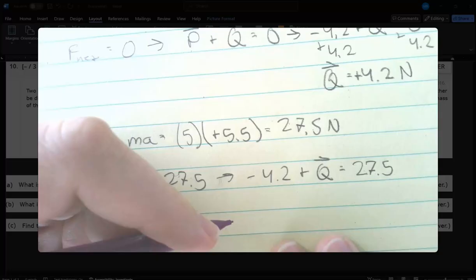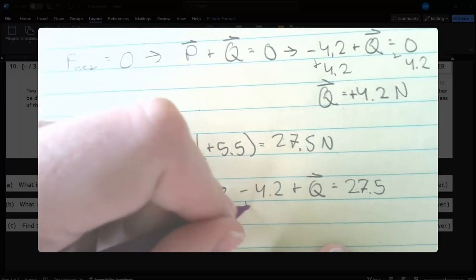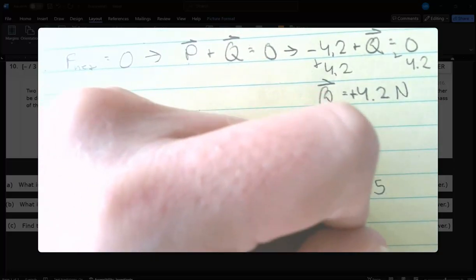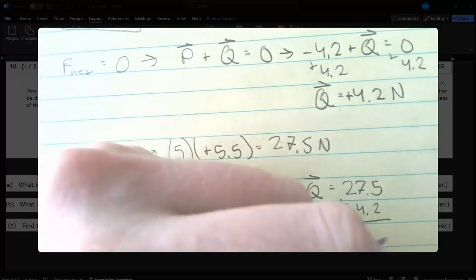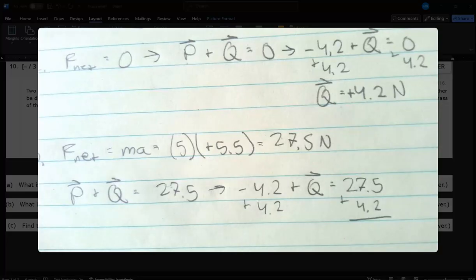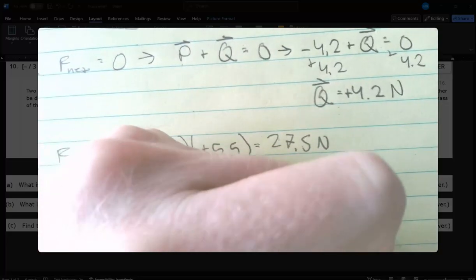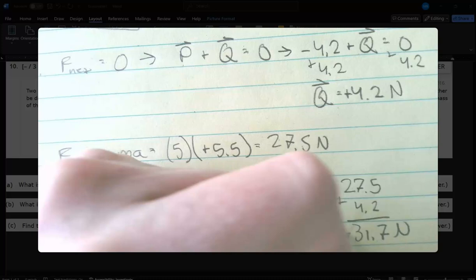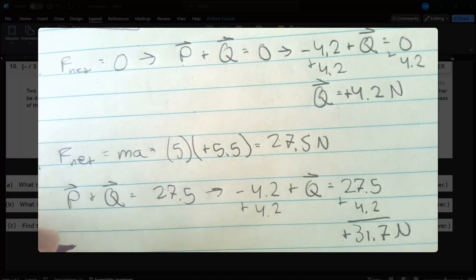Doing the exact same algebra as previously, we add 4.2 to each side, which gets me 31.7. This is positive, so Q equals positive 31.7 newtons.